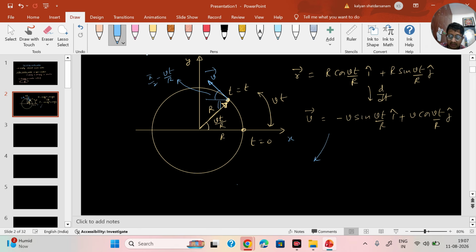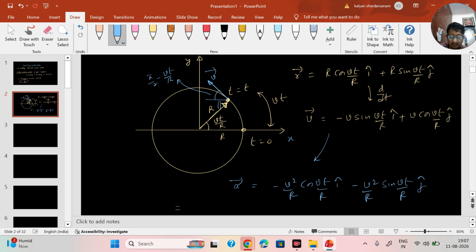If you further differentiate this, you get acceleration as minus v square by r cos(vt/r) i, differentiating again with respect to time, minus v square by r sin(vt/r) j.